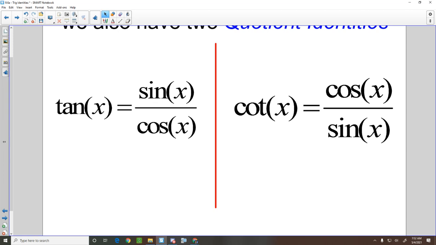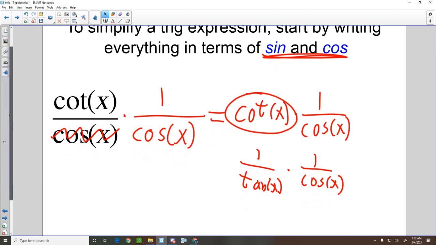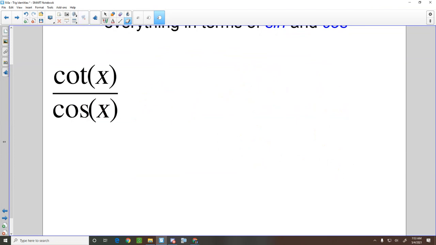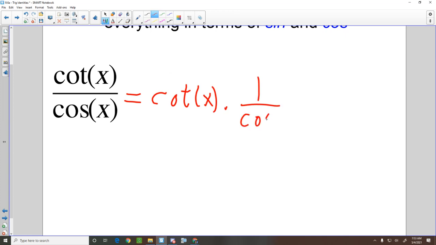So what I'm going to do is take this problem here. Let me clean this up. So we've got our cotangent. So take your cotangent of x times 1 over cosine. And I'm going to replace cotangent with its quotient identity, with cosine divided by sine.